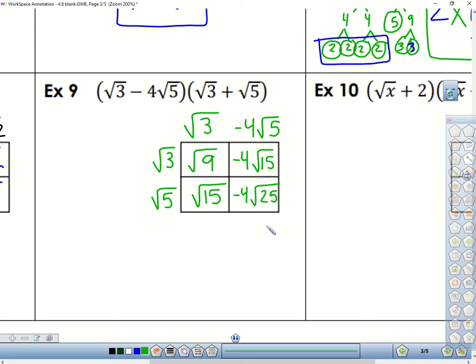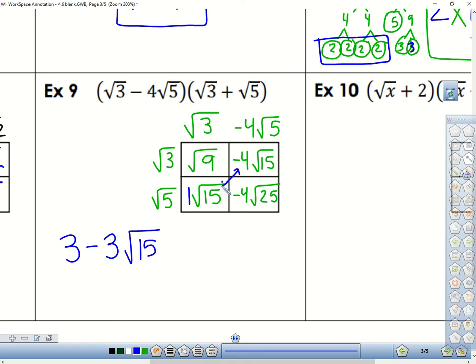So I just multiplied the corners, and now we'll see what simplifies. So in this case, what is the square root of 9? Good. What is radical 15? This is really a 1 radical 15. So what's 1 minus 4? Negative 3. So we have negative 3 radical 15.